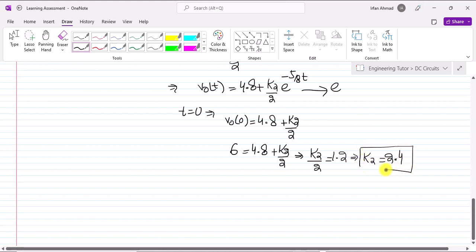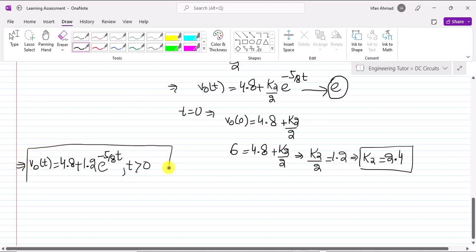So that is the value of K2, and let me put it in equation A. I will get the value of V naught of t equal to 4.8 plus this K2, which is 2.4, divided by 2 is 1.2. So I will get 1.2 here, and that would become exponential of minus 5 by 8 t for time greater than 0.